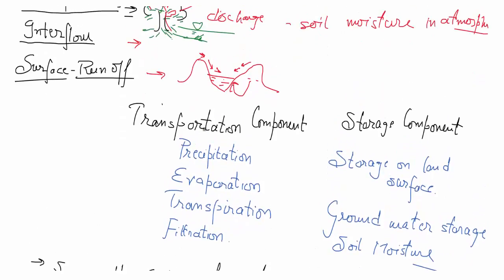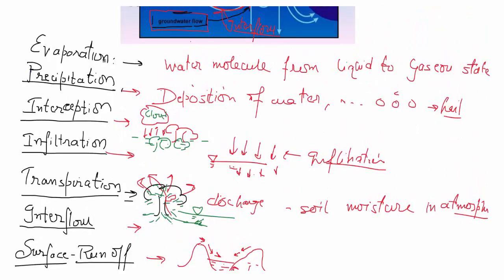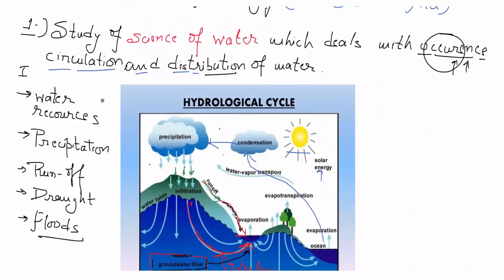So we have seen the basic hydrological process, and these terms are important for understanding the basic process, because we will be using specifically infiltration and surface runoff frequently in the analysis of our concepts. Also we will be looking at how the various water resources are managed through the study of hydrology, how we can calculate precipitation and runoff, and how we can predict drought or floods.